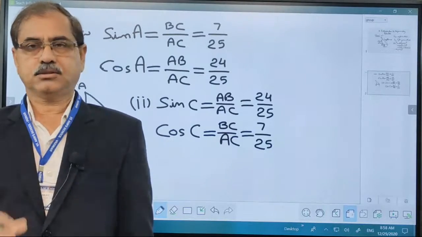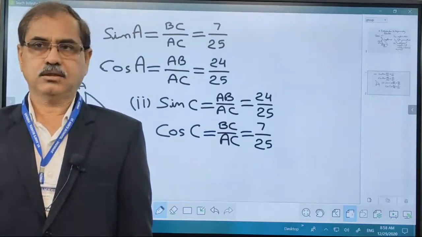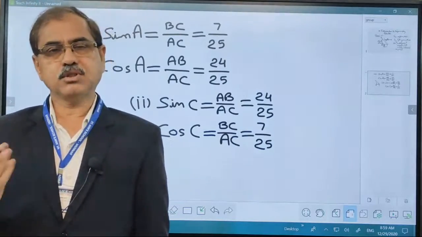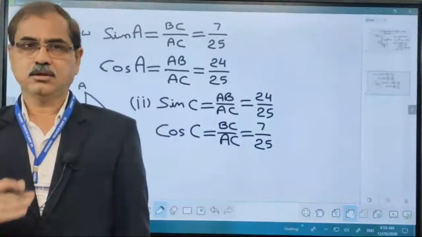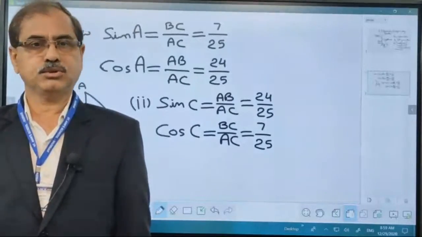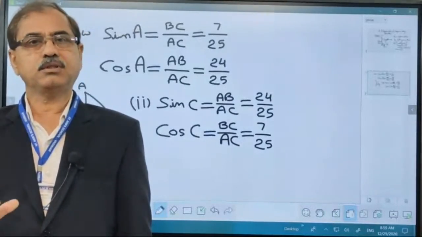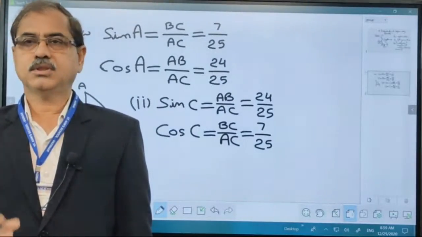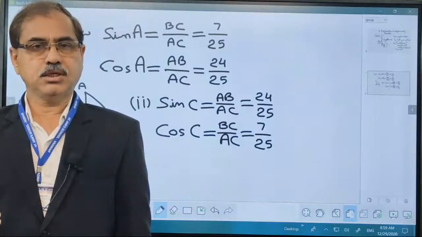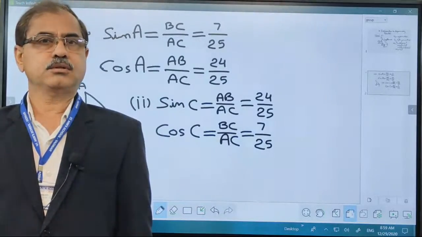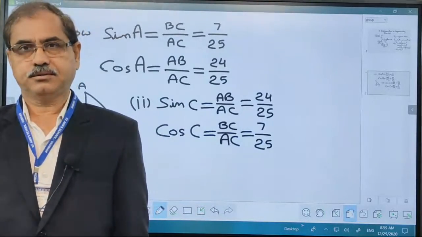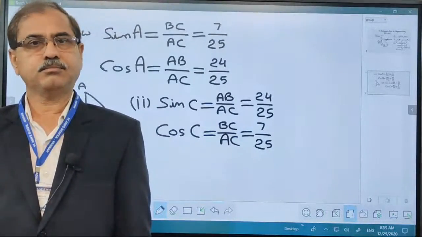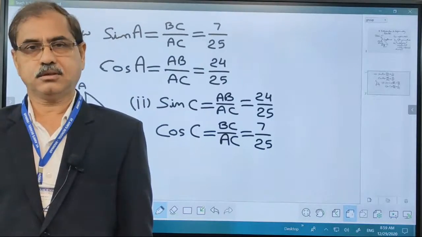Even if we were asked sec, cosec, tan, cot, whatever trigonometric ratios they ask in the examination, the method is not going to change. You may be given the length of only two sides. Your first step will be, with the help of Pythagoras theorem, find out the length of the third side.